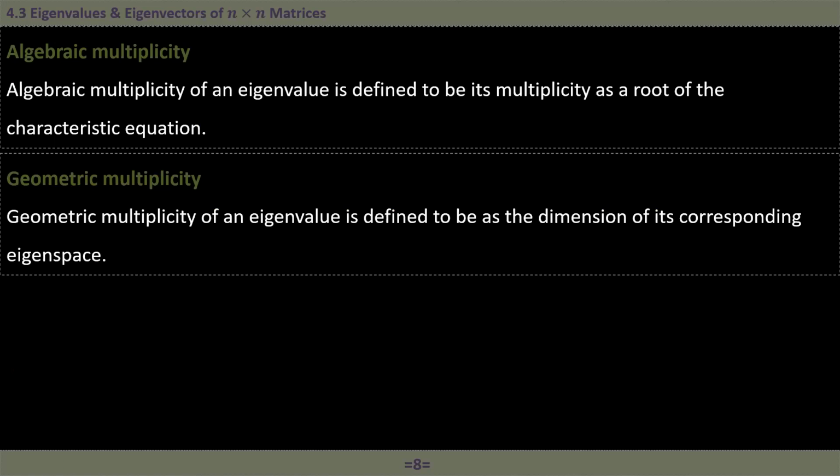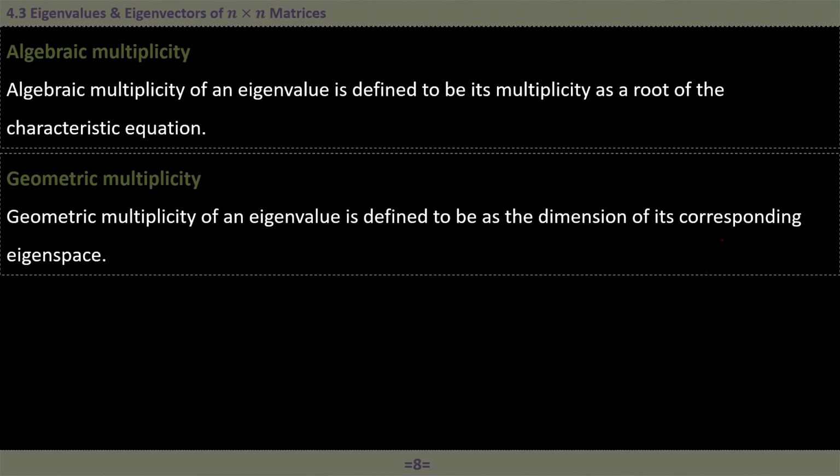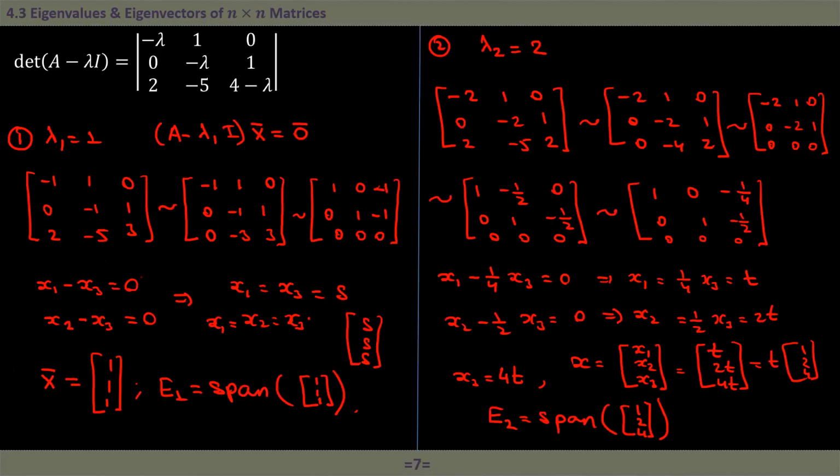And geometric multiplicity of an eigenvalue is defined to be the dimension of its corresponding eigenspace. In the previous example, in the first one, and here, how many vectors? It says the dimension of its corresponding eigenspace. So this corresponding eigenspace has only one vector.